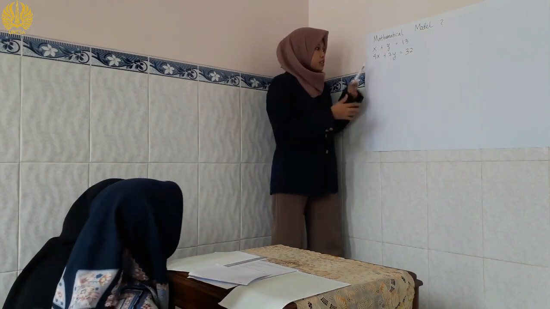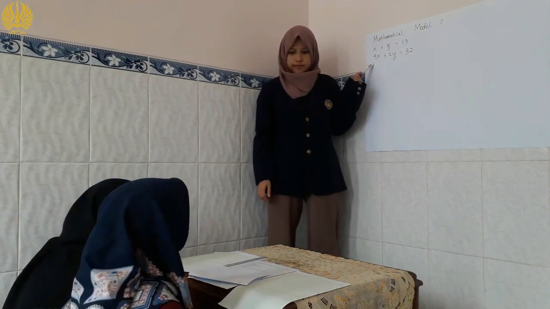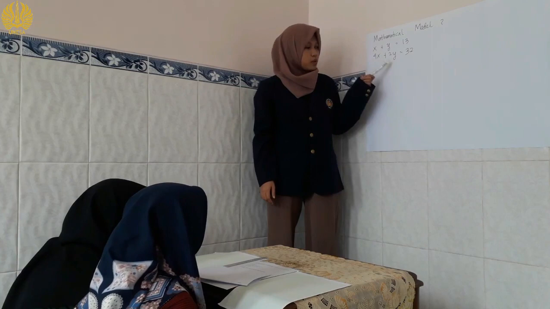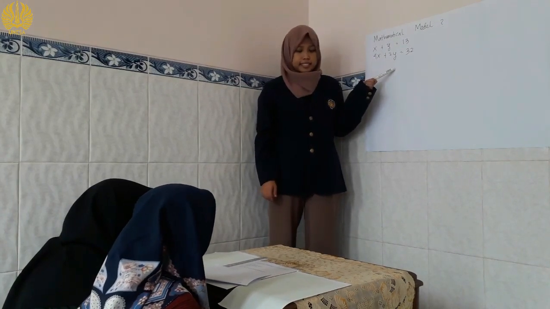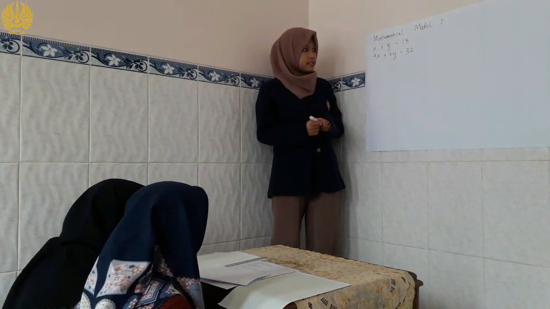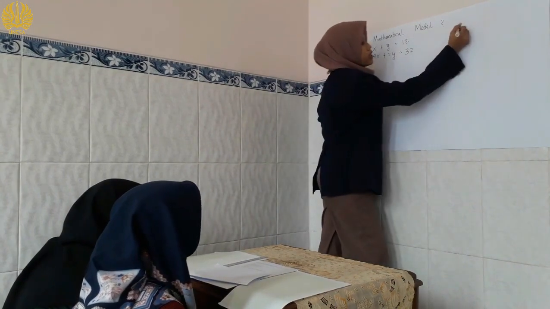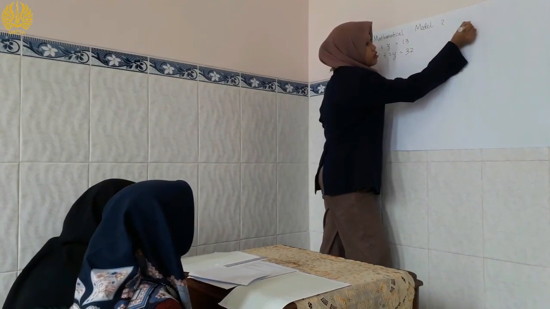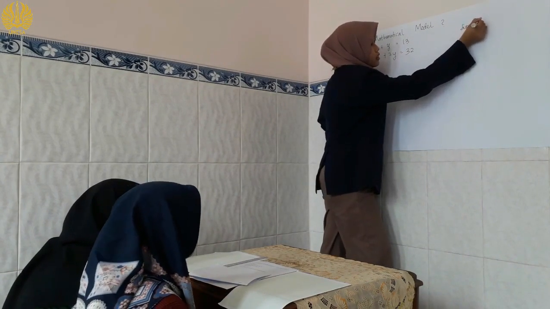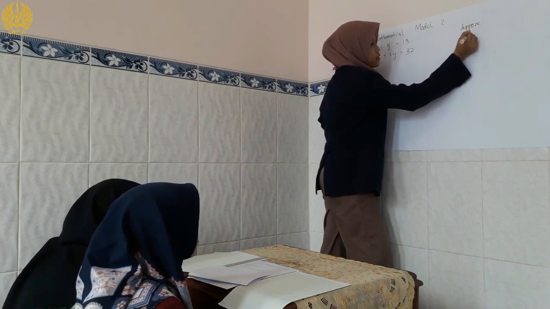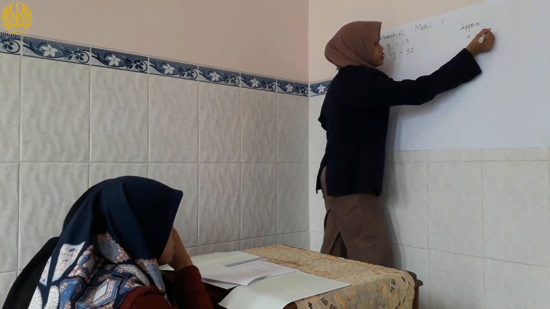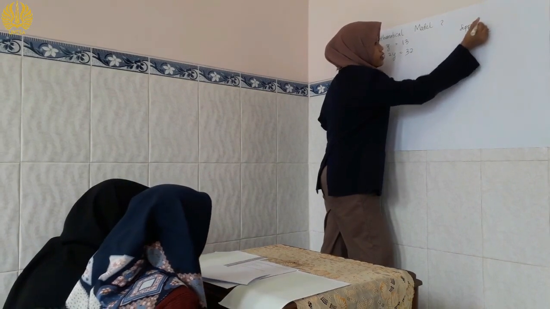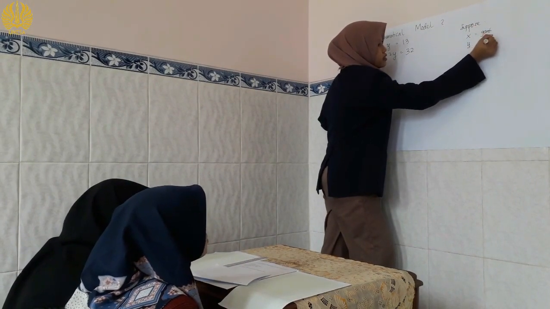How do you get the two equations? For 4x plus 2y, how do you get it? 4x is from the goat legs. Oh, so we assume x represents a goat and y represents a chicken.